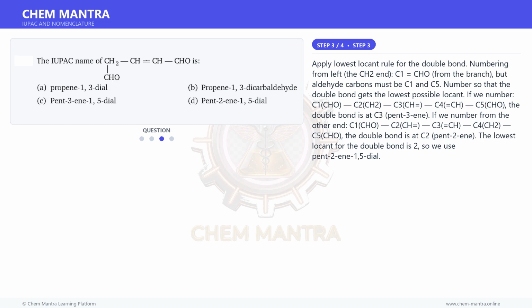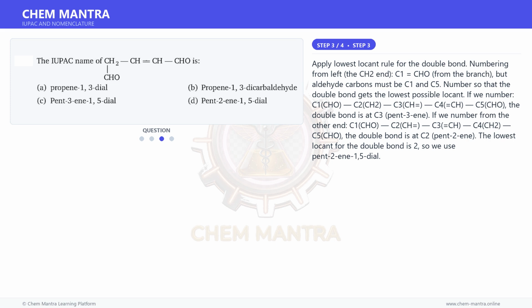Moving on to the next step. Apply the lowest locant rule for the double bond. Numbering from the left, the CH2 and C1 CHO from the branch, but aldehyde carbons must be C1 and C5. Number so that the double bond gets the lowest possible locant. If we number C1 CHO, C2 CH2, C3 CH=C4 CH, C5 CHO, the double bond is at C3, pent-3-ene.